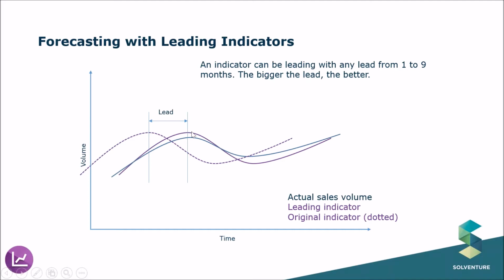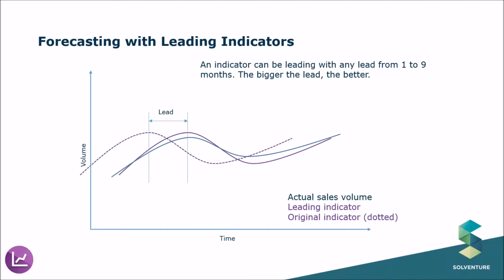And the bigger the lead, of course, the better for me, because the further ahead I can improve my forecast, and the better I am prepared to make better decisions. So that's really the goal of finding the leading indicators. We will show an example of that.